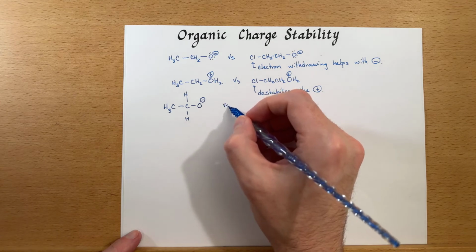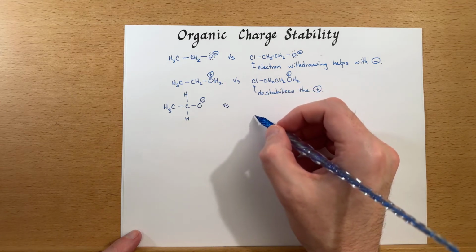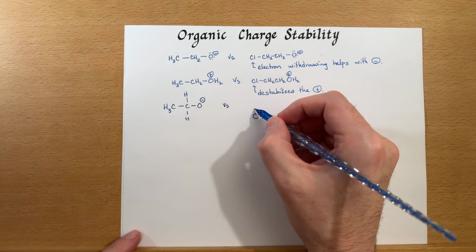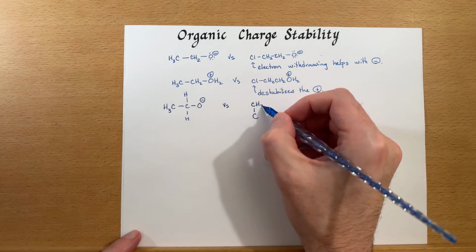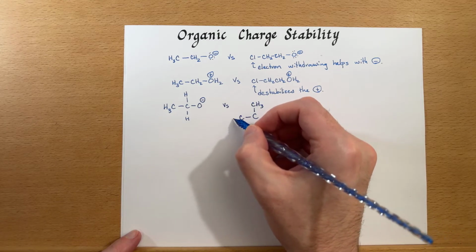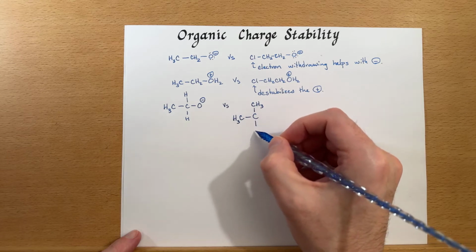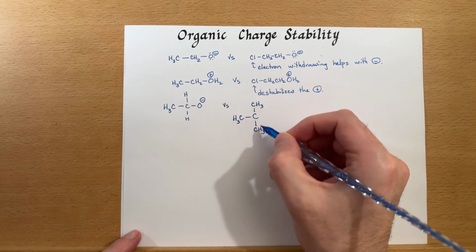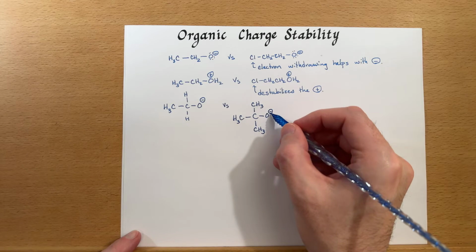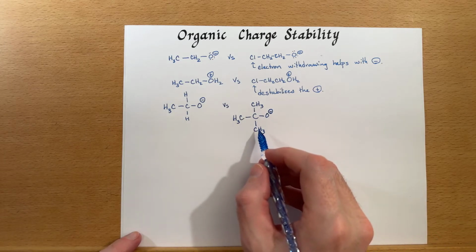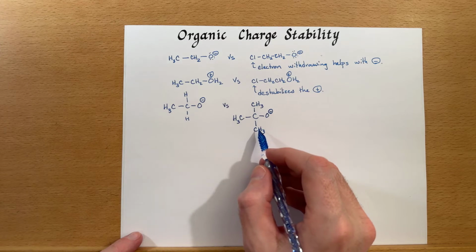Now let's compare that with something that has several electron donating groups.